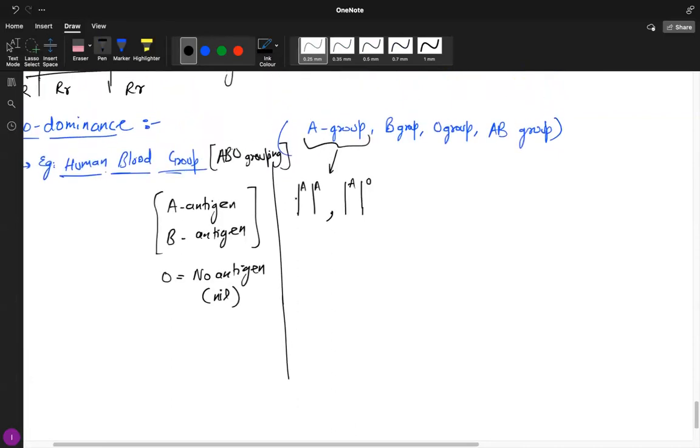If someone's blood group is A, they have A antigen on their RBCs. Either they get it from both parents or from one parent. If from the other parent they get O, which means they are not getting any antigen, then only one antigen is present. So logically, whatever is present will be expressed.